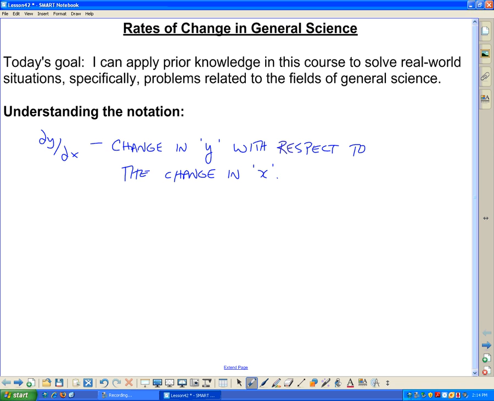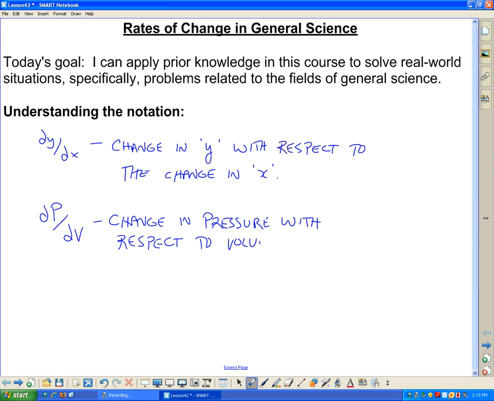All right, so if we want to talk about pressure and volume, the change in pressure with respect to volume. So we're talking about a change in rate.